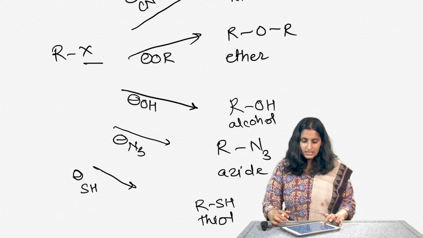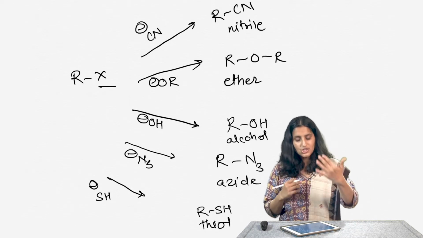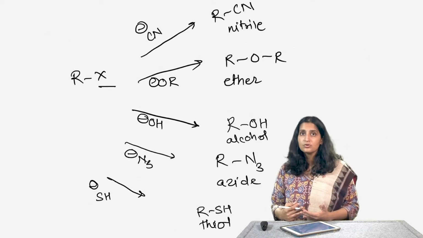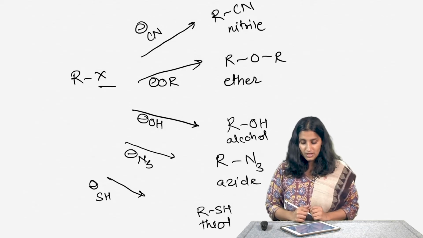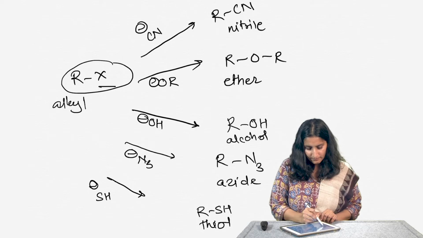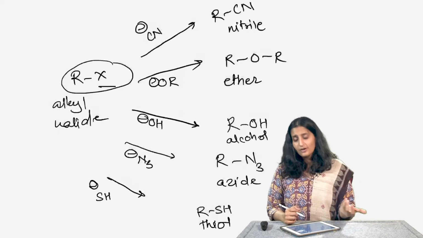So, if you see this, I can just do the same SN2 reaction, just change the nucleophile every single time and come up with a new functional group, and that way I can convert an alkyl halide effectively to so many of these functional groups, and we just cannot stop at this.